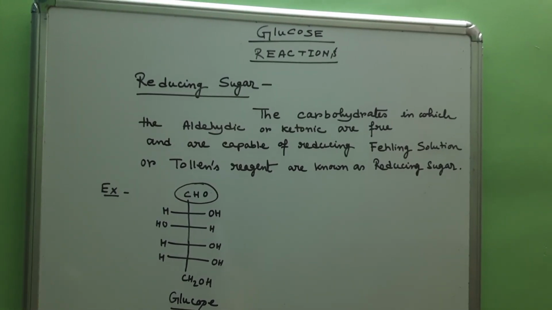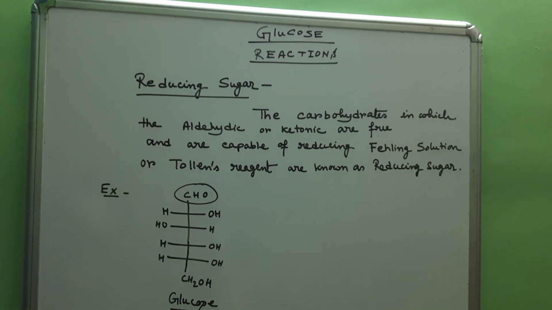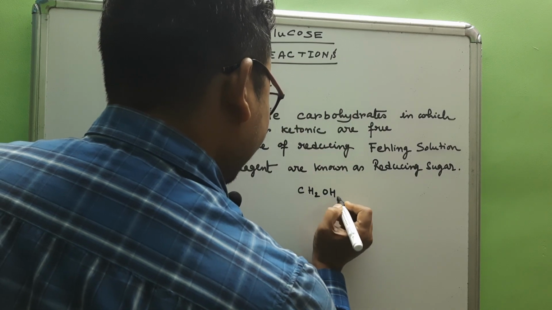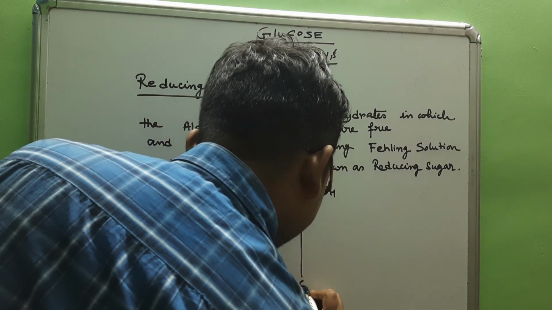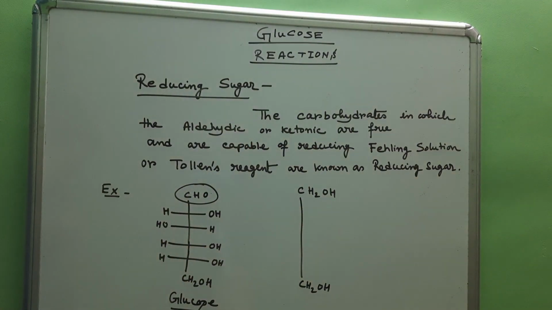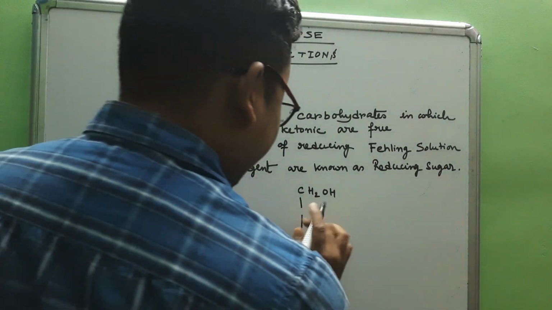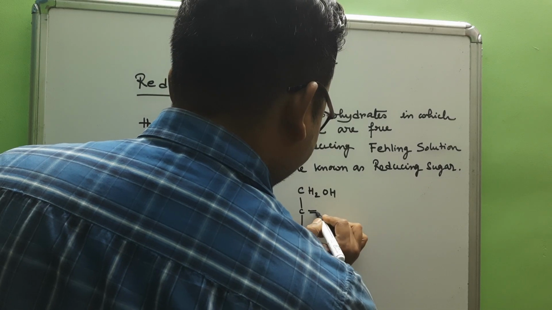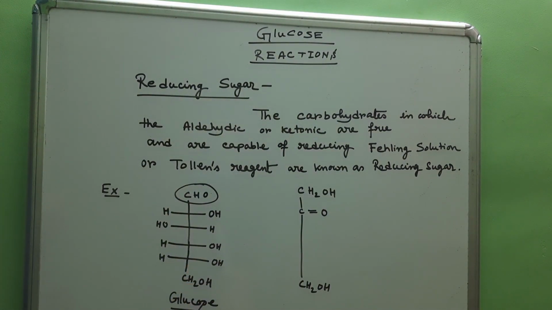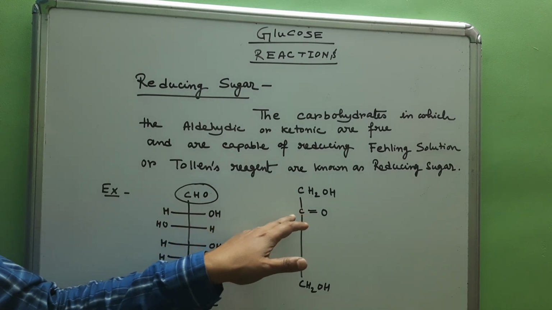And similarly, fructose is also a reducing sugar. So what will be the structure of fructose? In fructose, there is CH2OH and below also a CH2OH, and here the second carbon atom is the ketonic functional group, the ketonic carbon.